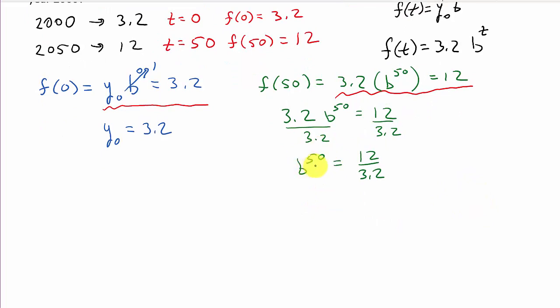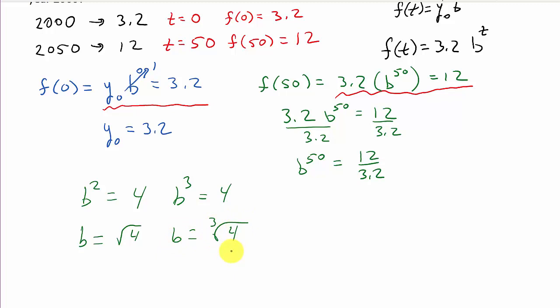So how do I solve for b when I have b to the 50th? Well, if you have b squared equals, say, 4, b equals what? The square root of 4, which is 2. If I have b cubed equals 4, then b is equal to the cube root of 4.